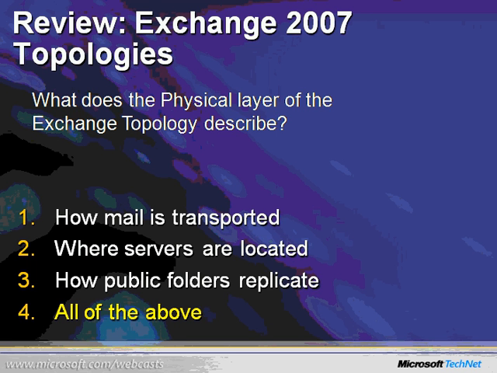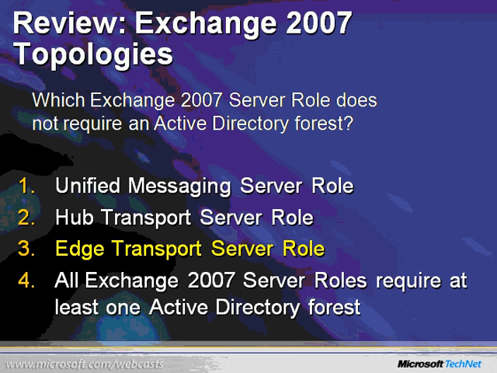When you look at a physical layer of the Exchange topology, you're looking at where mail servers are located, where public folders are and how they replicate, how mail is transported. You're looking at all the physical topology pieces in terms of how Exchange is going to be delivering email, how they're going to communicate with each other, where servers are located, how clients communicate. The whole kit and caboodle is all part of that in the Exchange topology.